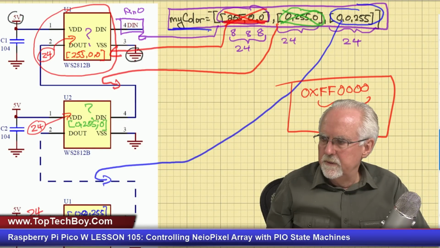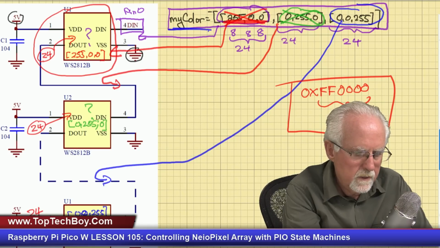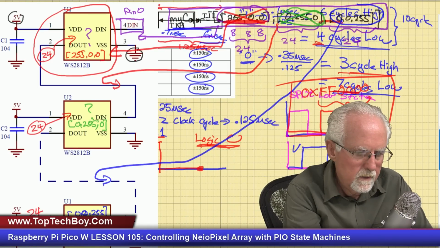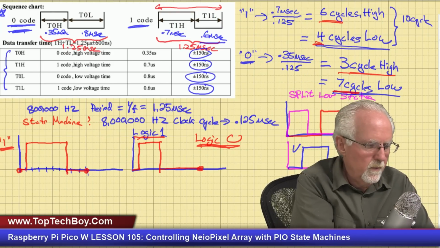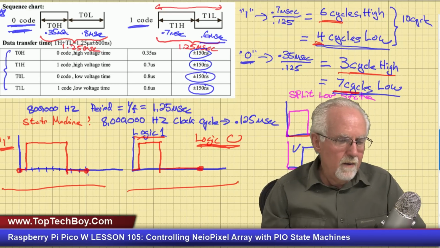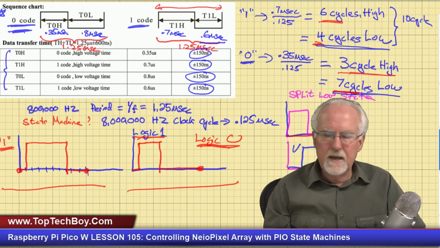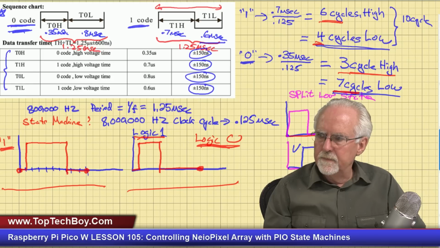Man, I got kind of a mess here, don't I? Okay, this is what we want to look at here, this and this. So what do I want? You need to draw these things down. For a 1, I need to be down 1.